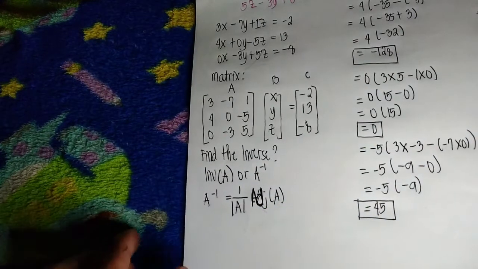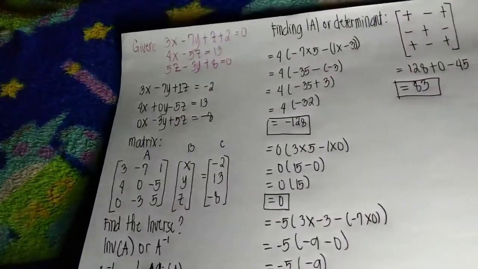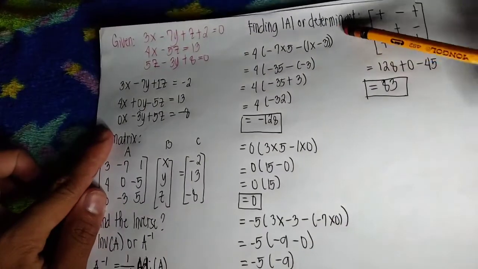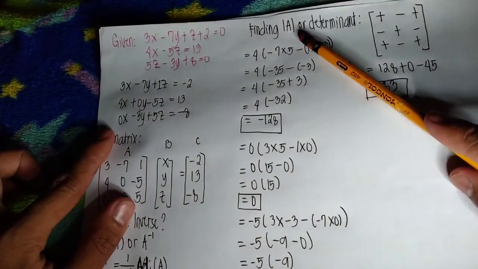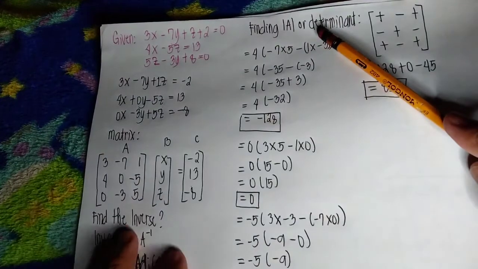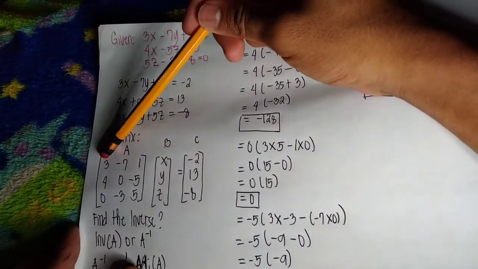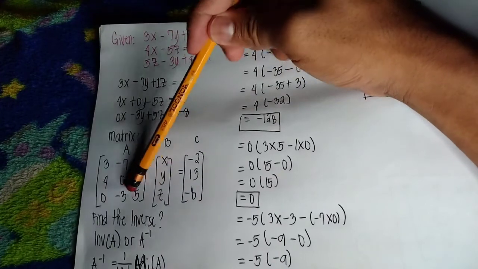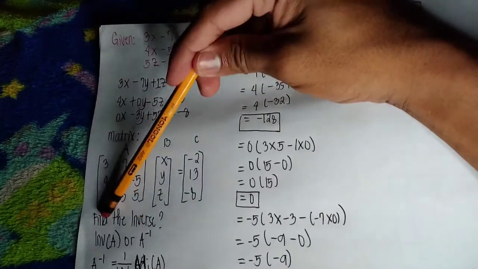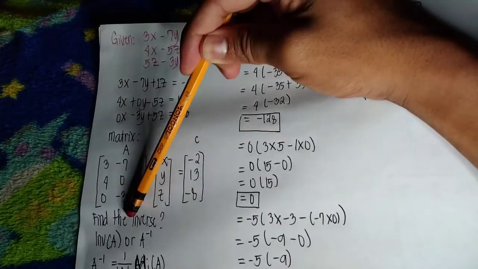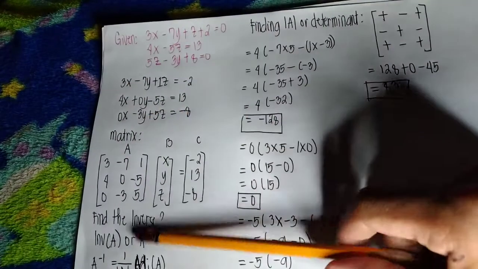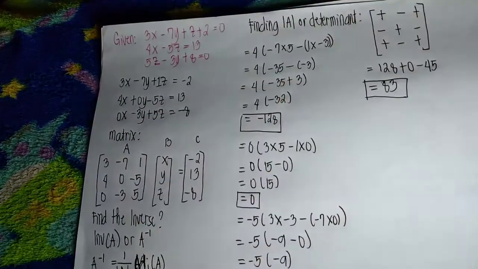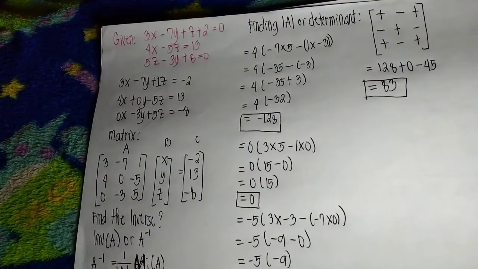In finding the determinant, we will use this matrix A. We can use first row, or second row, or third row, or first column, second column, or third column. Depende lang sa iyong gusto. Same lang yan na result in all that.